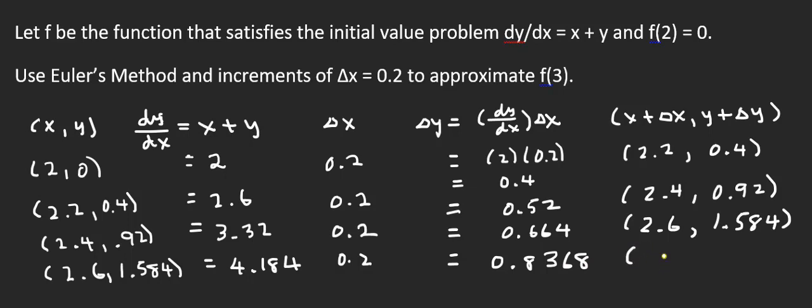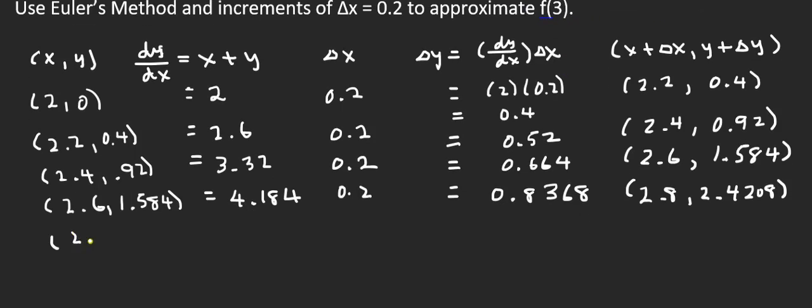And our new approximate value is going to be 2.8, comma, 2.4208. All right, we have one more step to go because we need to approximate the y value when x equals 3. So we're almost there. So this is going to be 2.8, 2.4208.